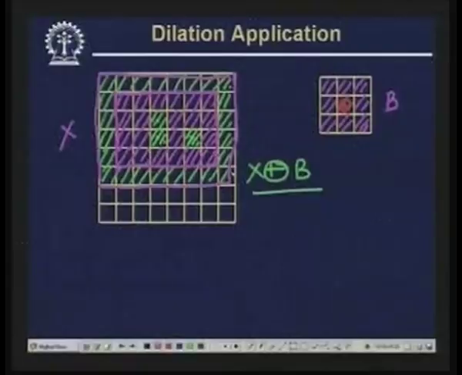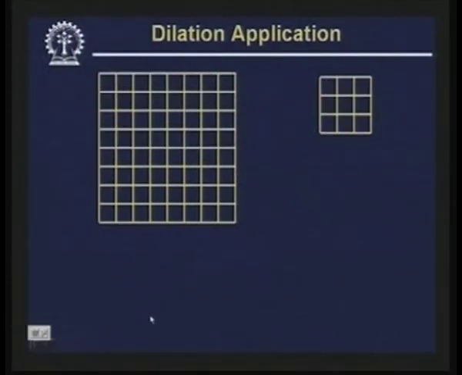So, let us now talk about another morphological operation, that is the image erosion operation. As we have seen, in case of dilation, we have a given image X and a given structuring element, say capital B, and we are dilating this given image X with respect to the given structuring element B, and this dilation operation is defined in terms of vector addition.